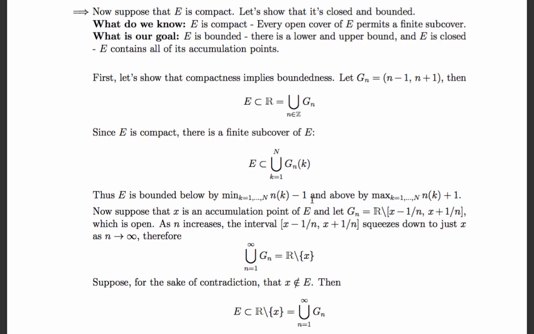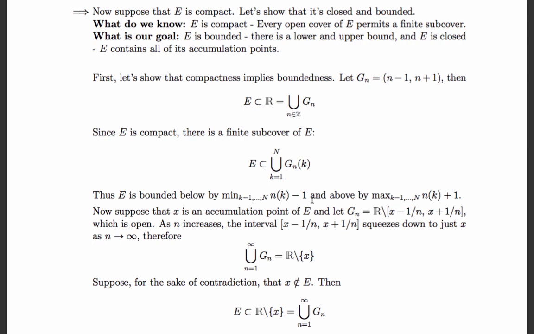Now, suppose for the sake of contradiction that x, which remember is an accumulation point of E, is not contained in E. If that were true, then E would not be closed. We're trying to prove that it is closed, so let's suppose that it's not closed and see if we can prove a contradiction.